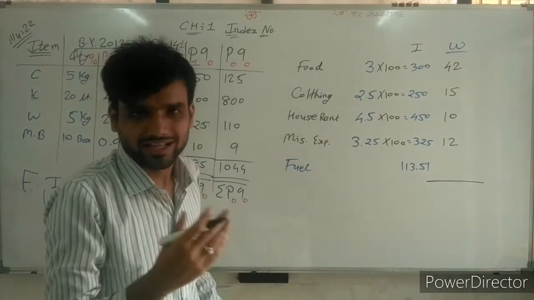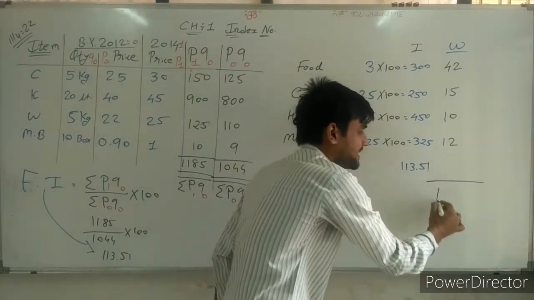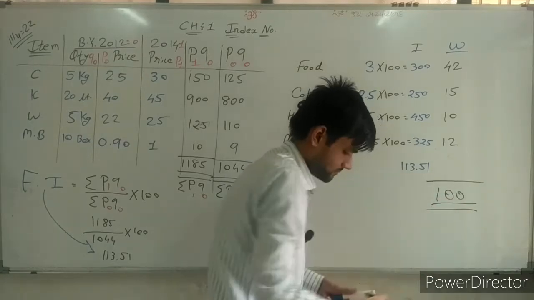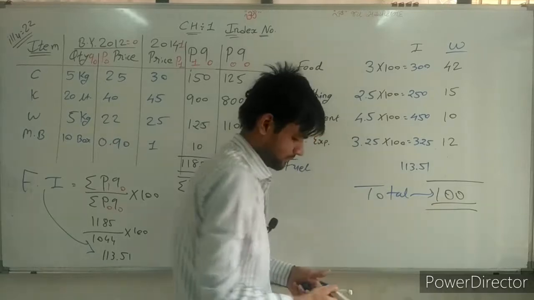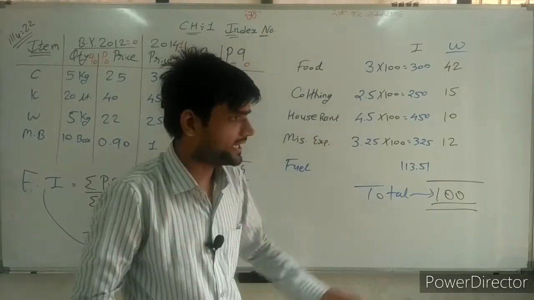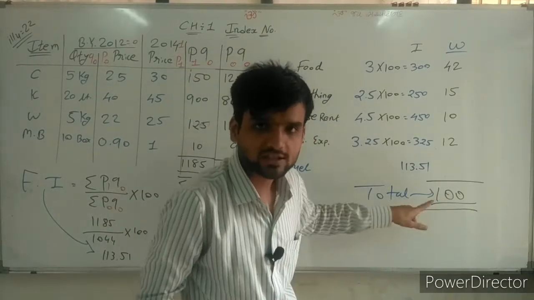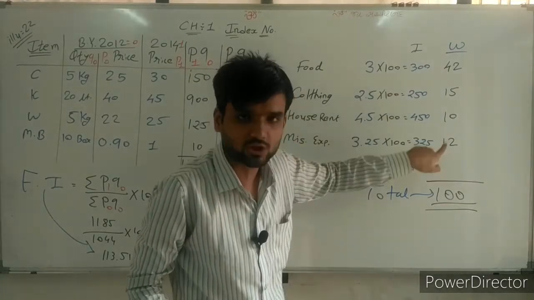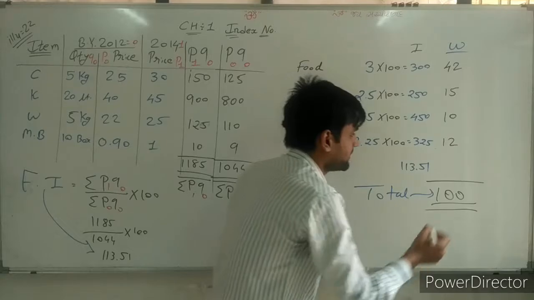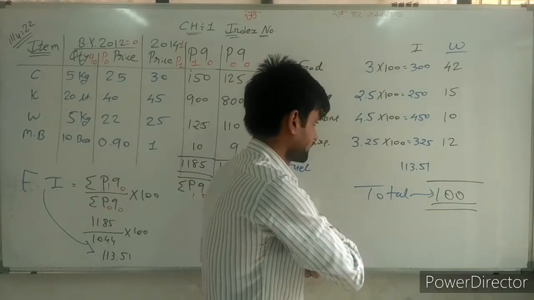Now for fuel, there is no information because only one item is remaining. Total they are spending 100% amount. From this 100% amount, they are spending 42 here, 15 here, 10 here, 12 here. So what about the remaining?